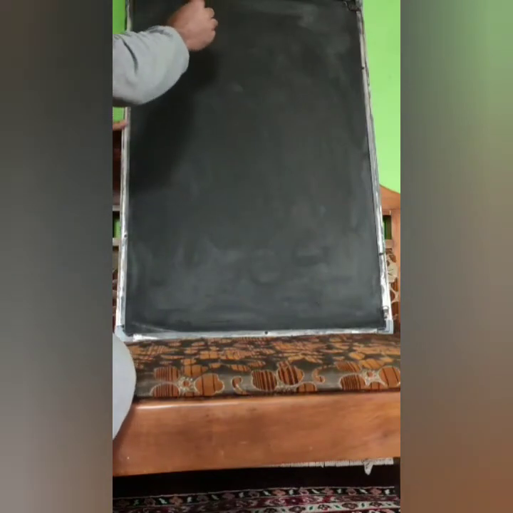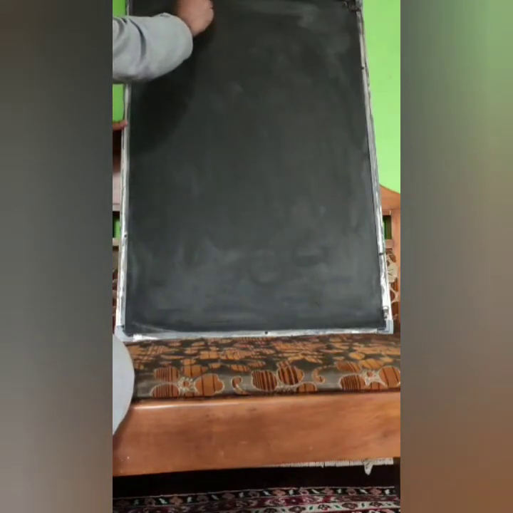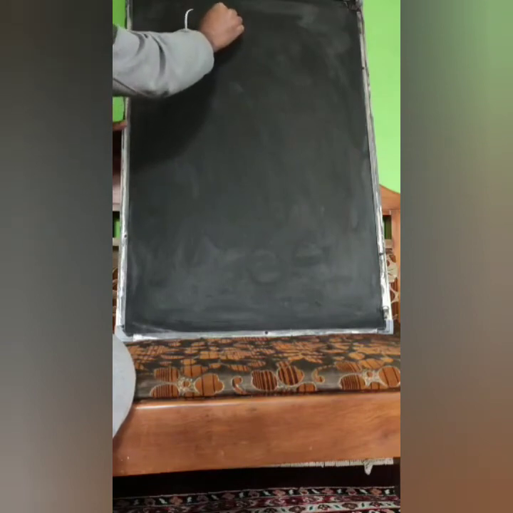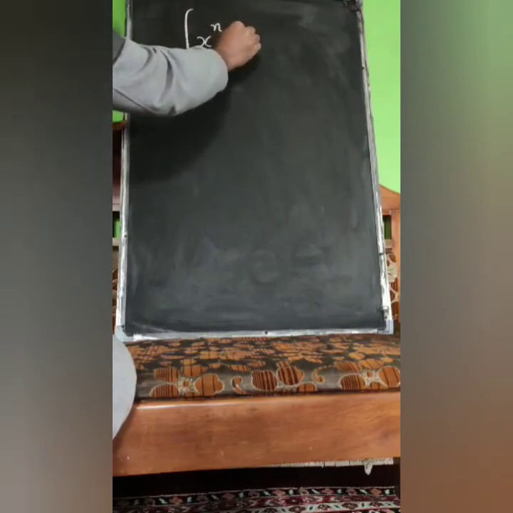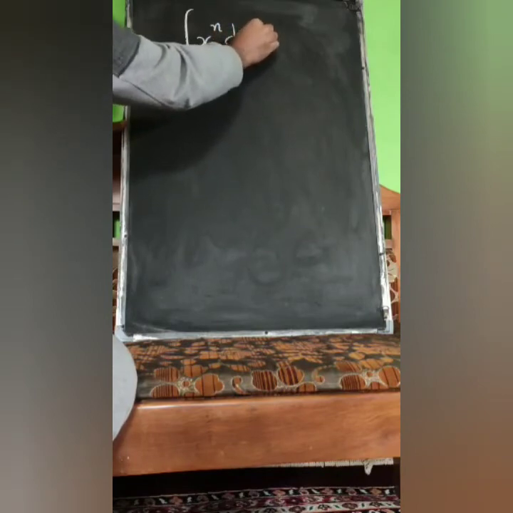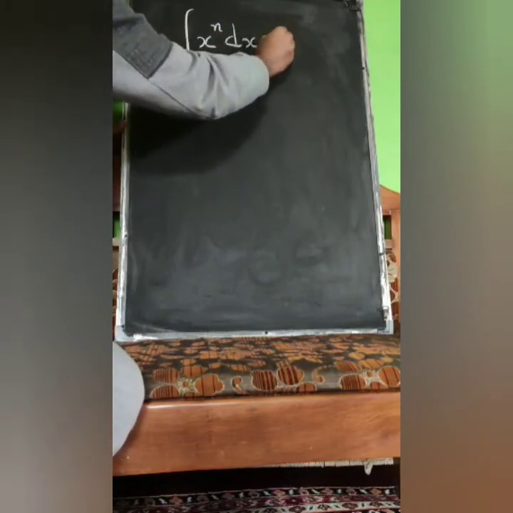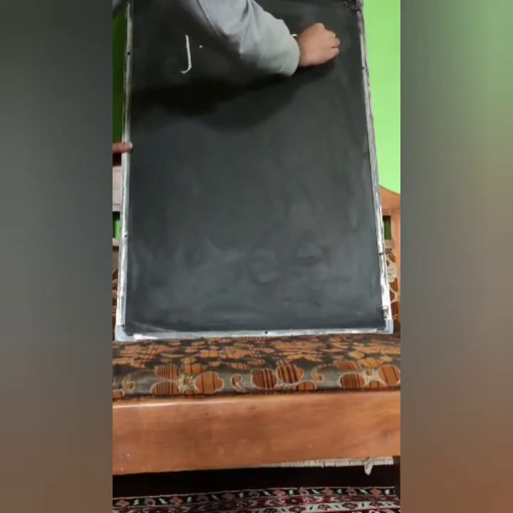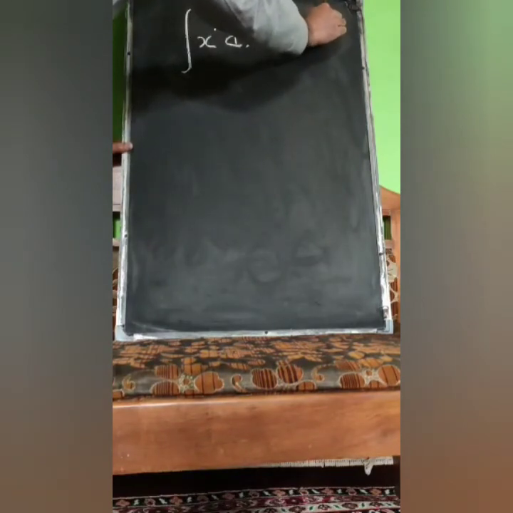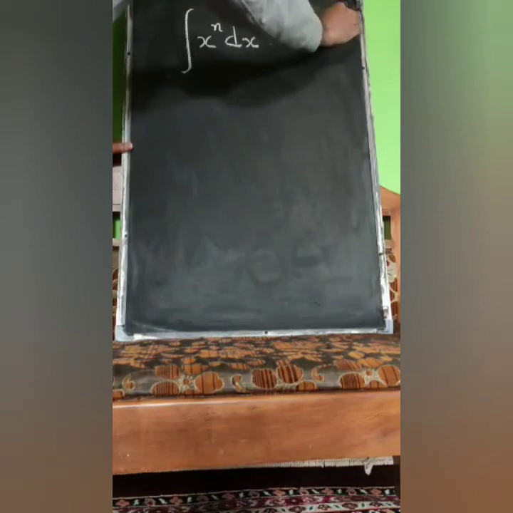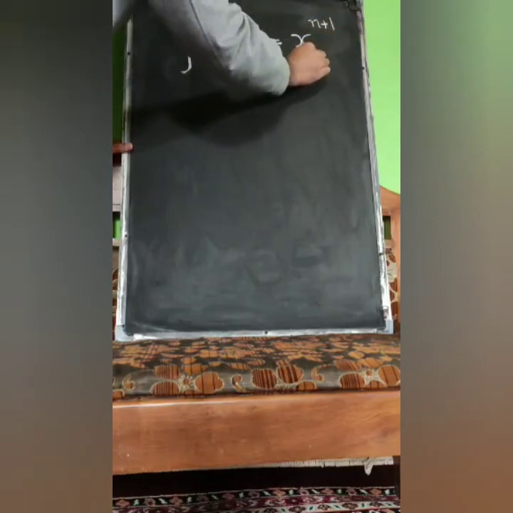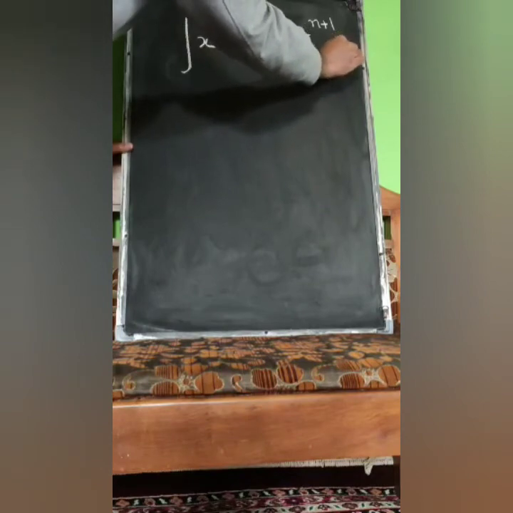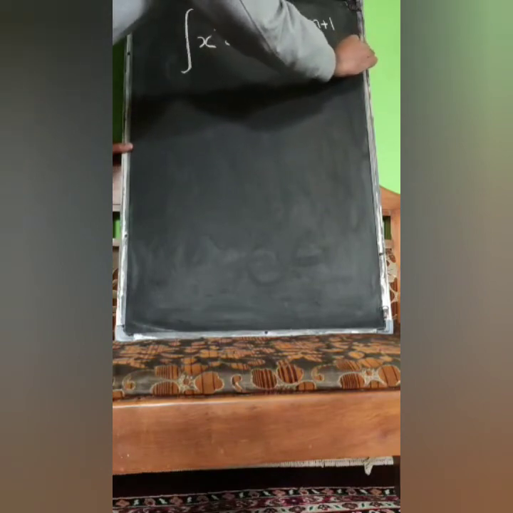Now, to generalize this result, we can write antiderivative of x raised power n is equal to x raised power n plus 1 divided by n plus 1 plus constant of integration c.